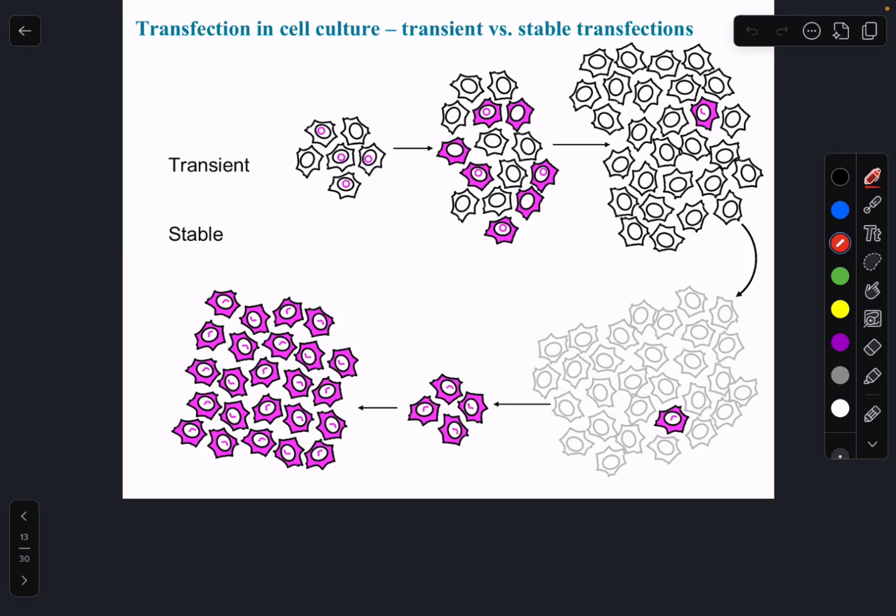It will incorporate it to the genome, and if you guys remember, these vectors also carry, we didn't emphasize it much, selection markers for eukaryotic cells.